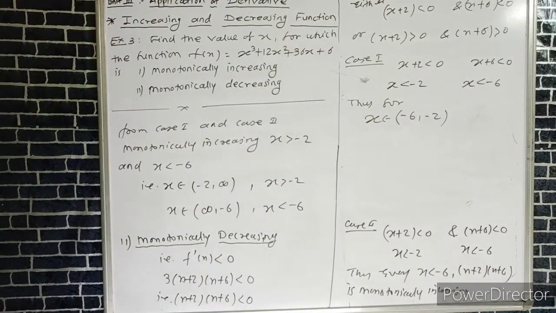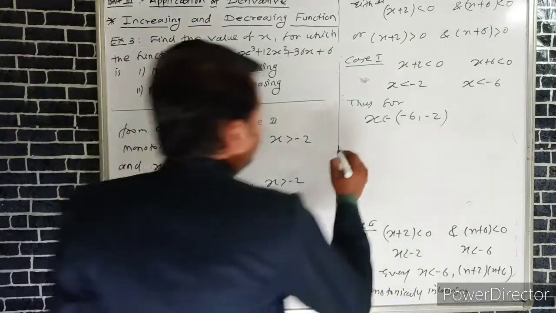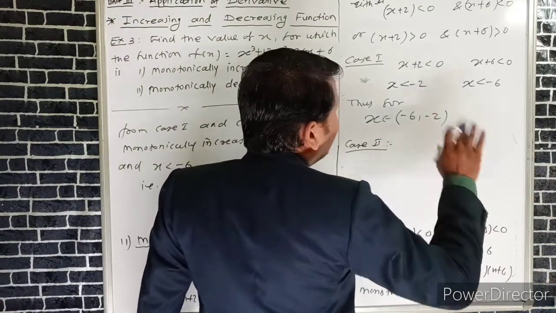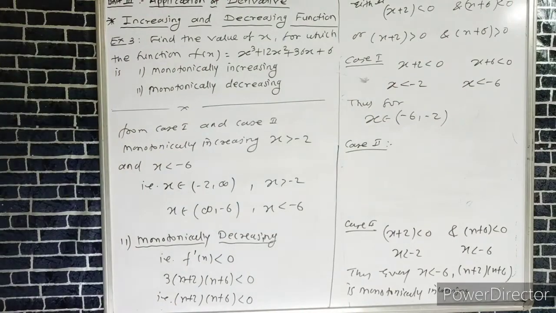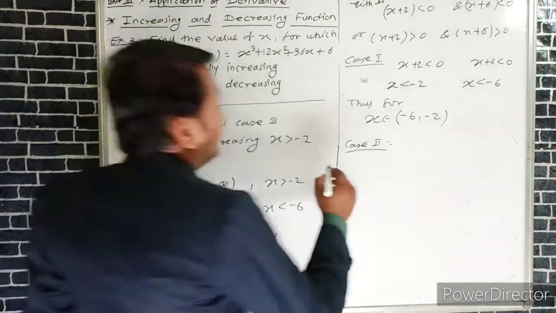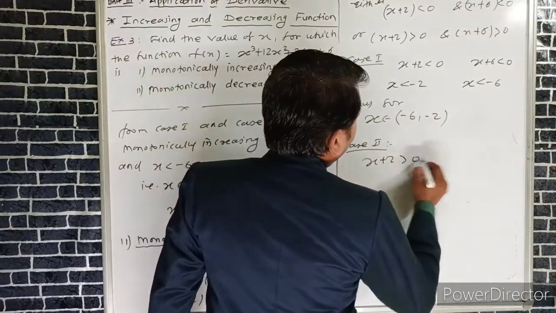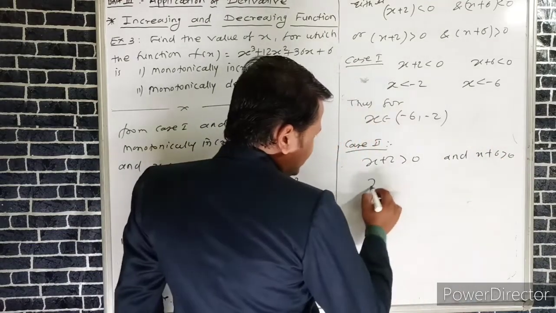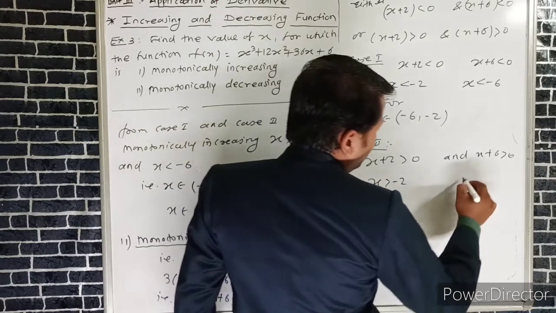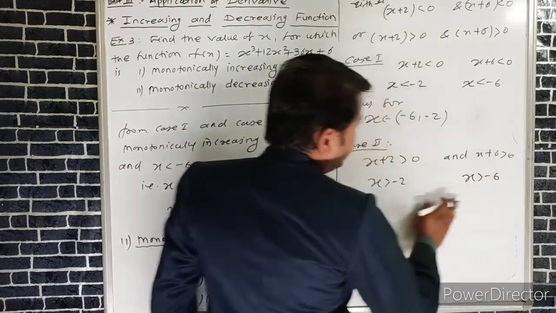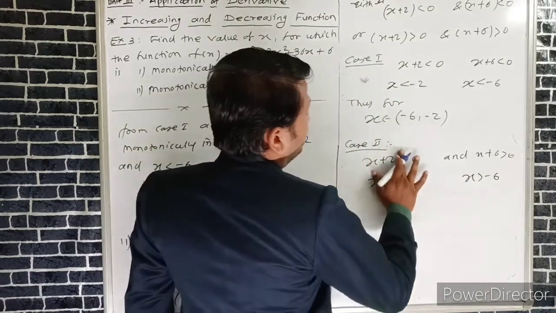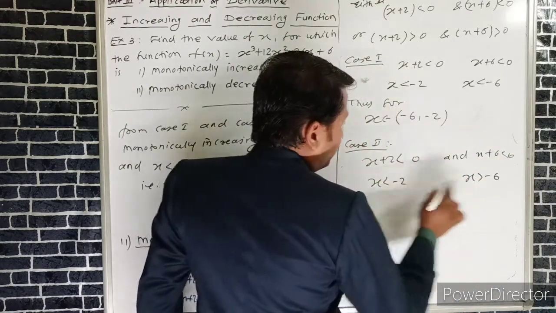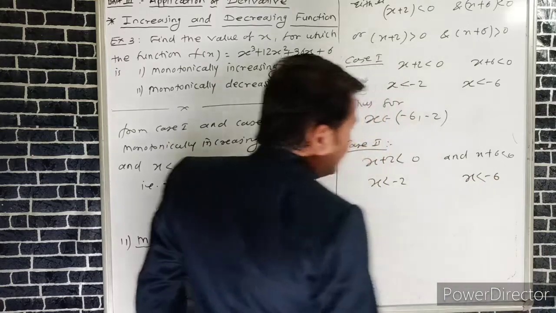Sorry, in case 2, the function is decreasing when x plus 2 is greater than 0 and x plus 6 is greater than 0. Here we can say that x is greater than minus 2 and x is greater than minus 6. Sorry, not greater, less than minus 2 and less than minus 6.